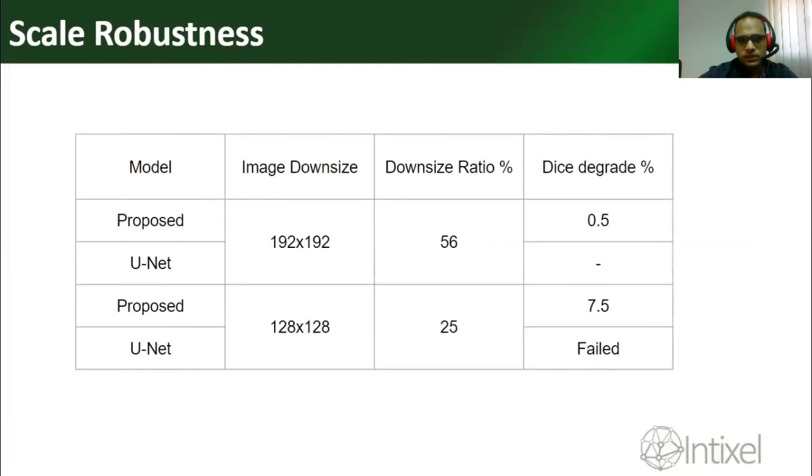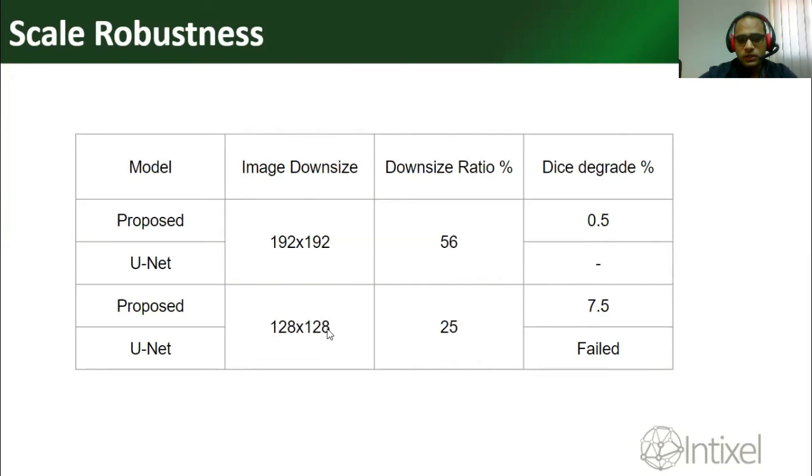And as a result of this, the proposed method versus the UNET on the image downsize, the dice only degraded by 0.5%. So this huge downsize of the image almost did not affect the proposed method.